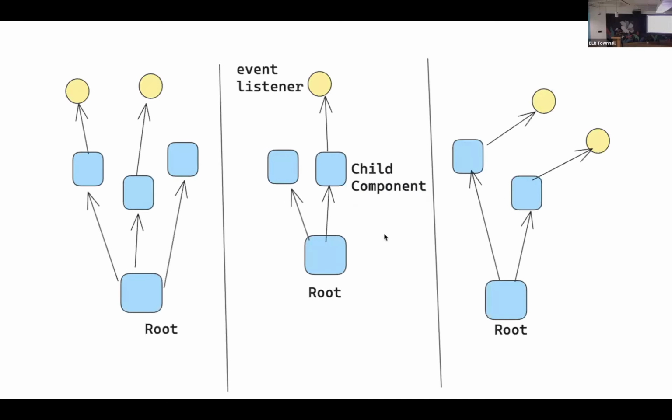Island architecture is a type of partial hydration where we create interactive islands. We know that most of the content in our web app is just a static site or plain content. So we create a dynamic part which requires hydration, and instead of hydrating the complete web app, we only hydrate those particular islands that require interactivity. So with partial hydration, they said okay, the problem is the root.